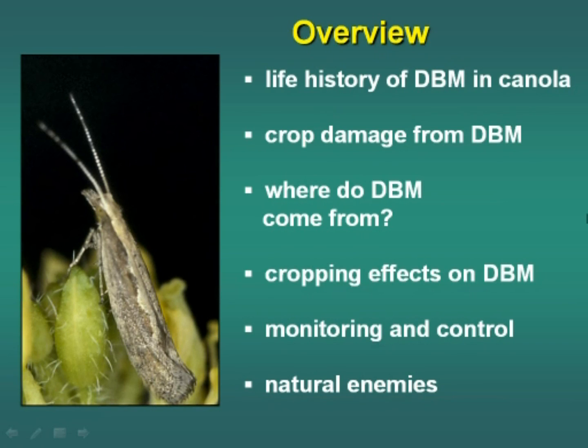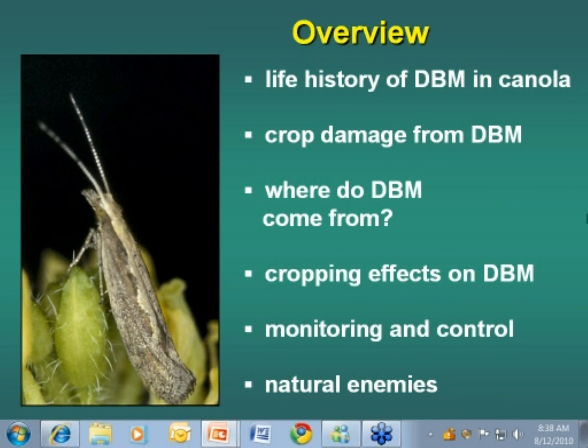Then cropping effects, what kind of impact farming practices can have on this insect, and how to monitor and control it. Finally, I'll conclude with some information on natural enemies of diamondback moth, because these can factor in quite importantly into control decisions.